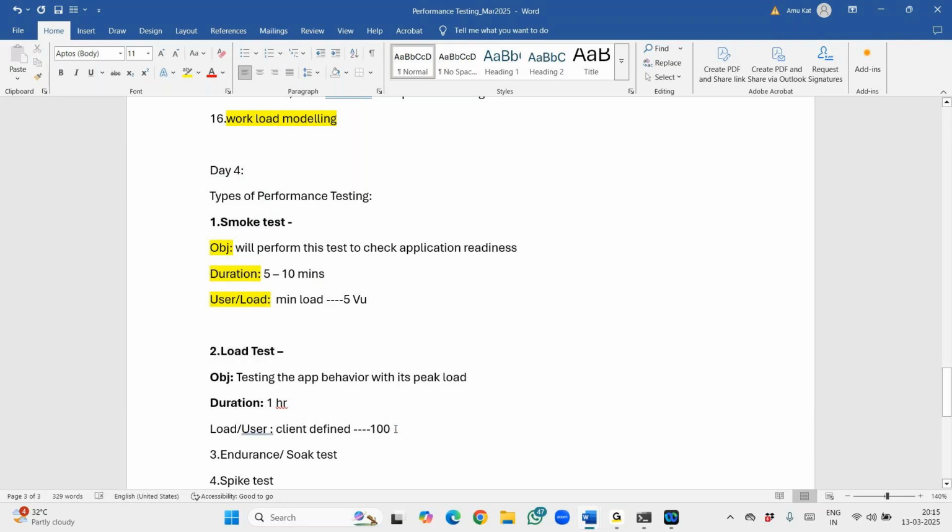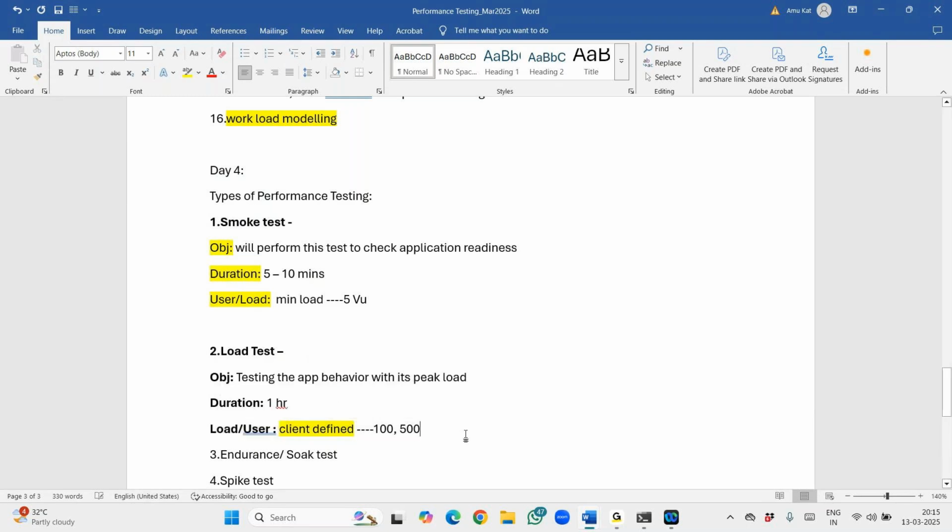If he is planning to go ahead with 500, yes, we should go ahead with 500. We are not supposed to either increase or decrease the load whenever you are performing a load test. It's completely based on the client's requirement.